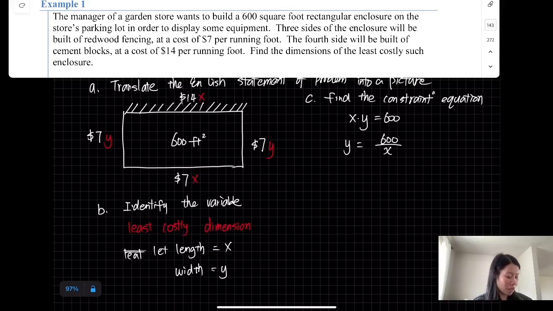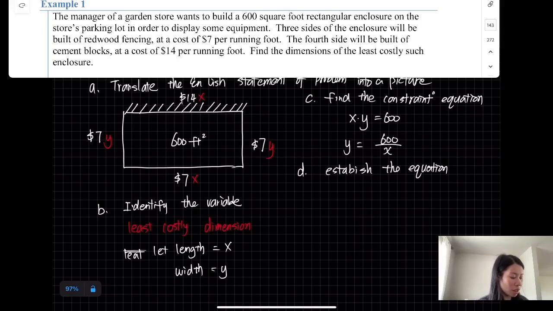So the next step is you are trying to establish the cost function, the goal that you're trying to get. So we're looking for the cost.